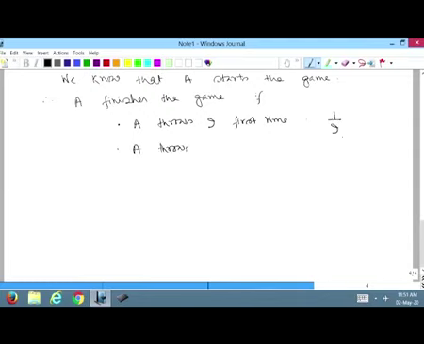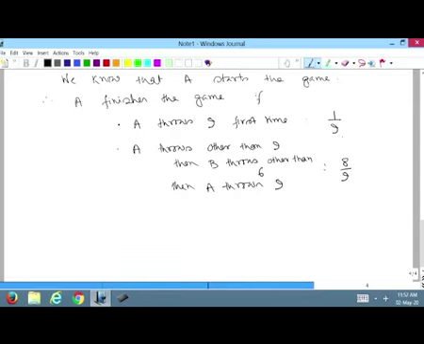Or, A throws other than 9, then B throws other than 6 and then A throws 9, and this probability is 8 by 9 into 31 upon 36 into 1 by 9.